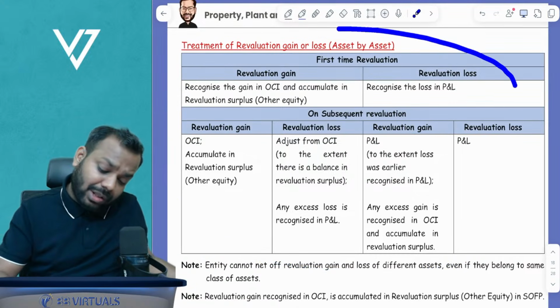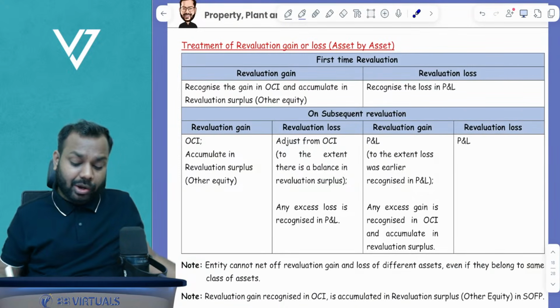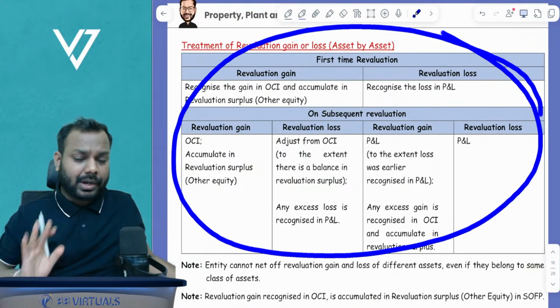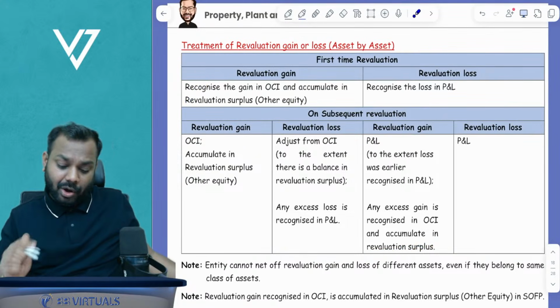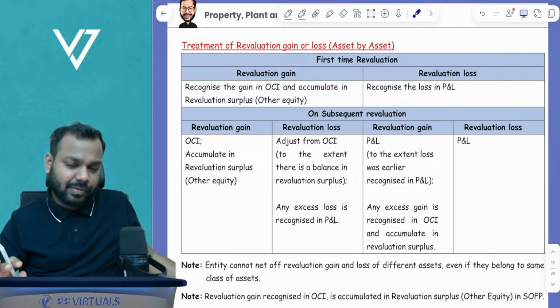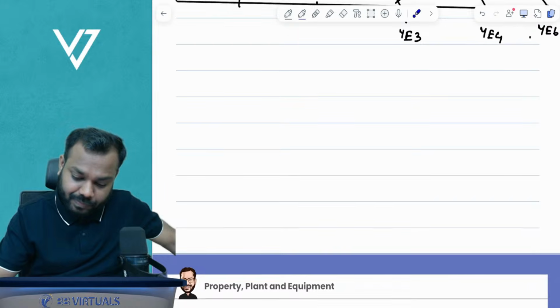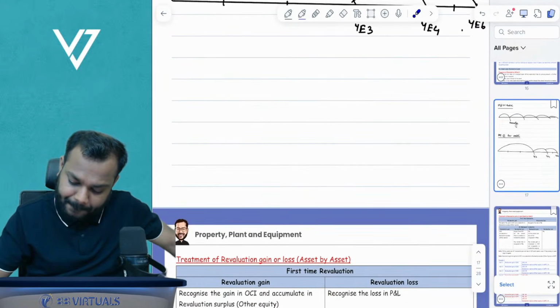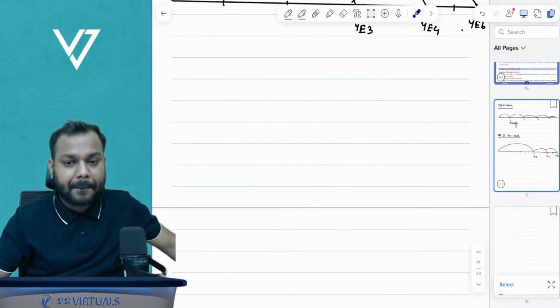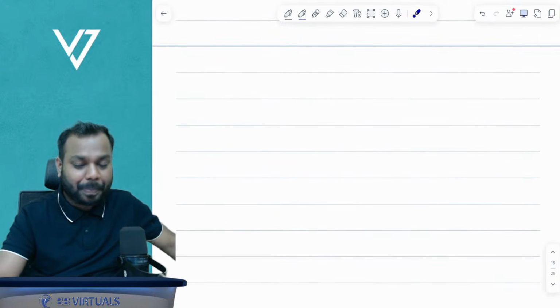But if I draw this again in the class, your retention will increase. What do you want? Shall I draw or just explain using this? I will prefer to draw. New one? Good one. Chalo, let's draw a new one.